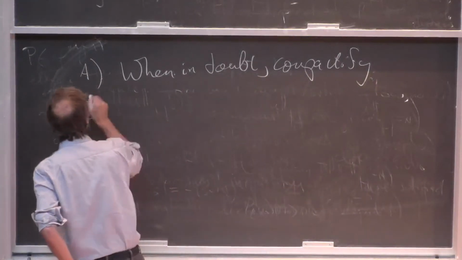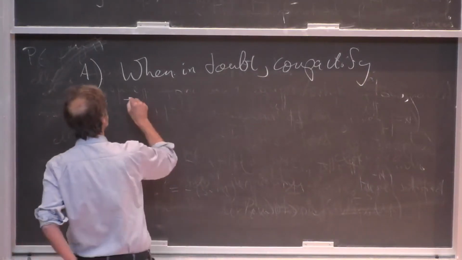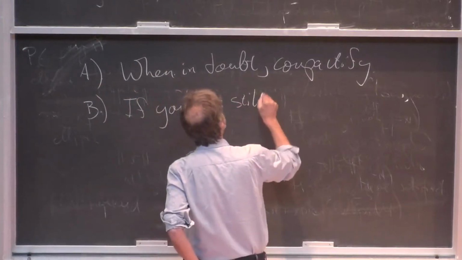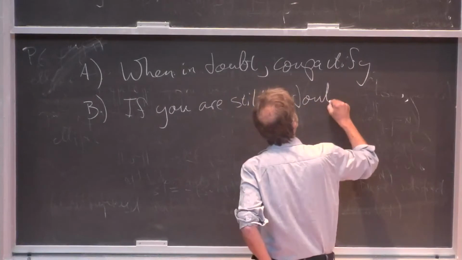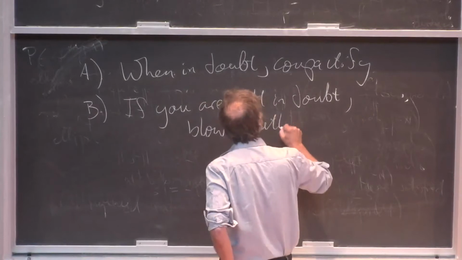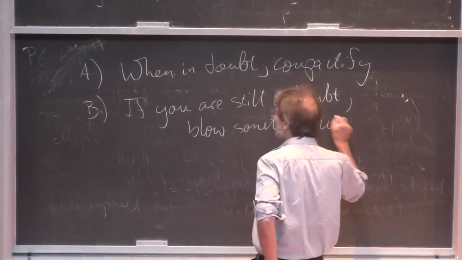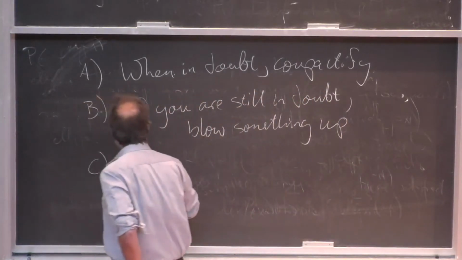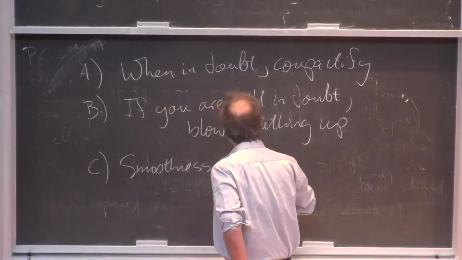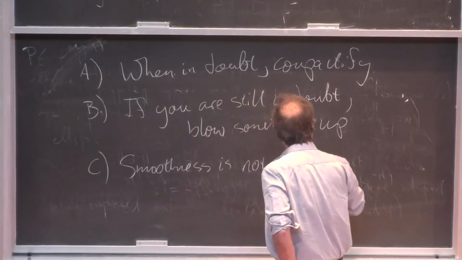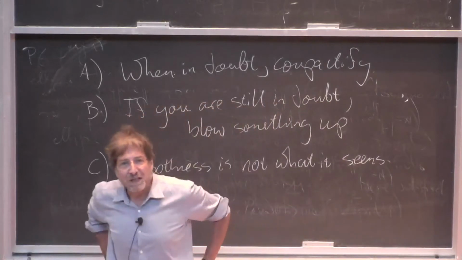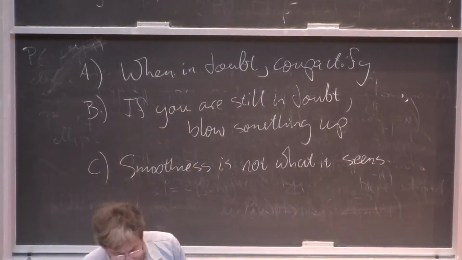Aphorism number 2 is, if you're still in doubt, blow something up. I'll explain what this all means mathematically. And then the 3rd one is that smoothness is not what it seems. So you can think of today as an explanation about why these are very reasonable aphorisms.